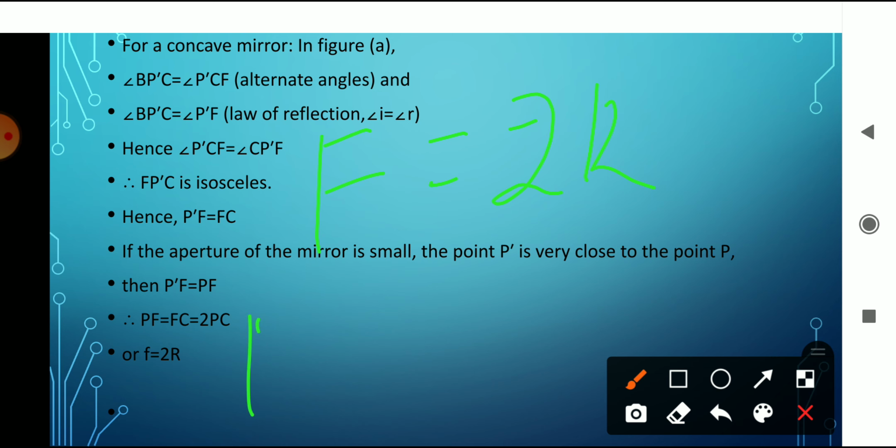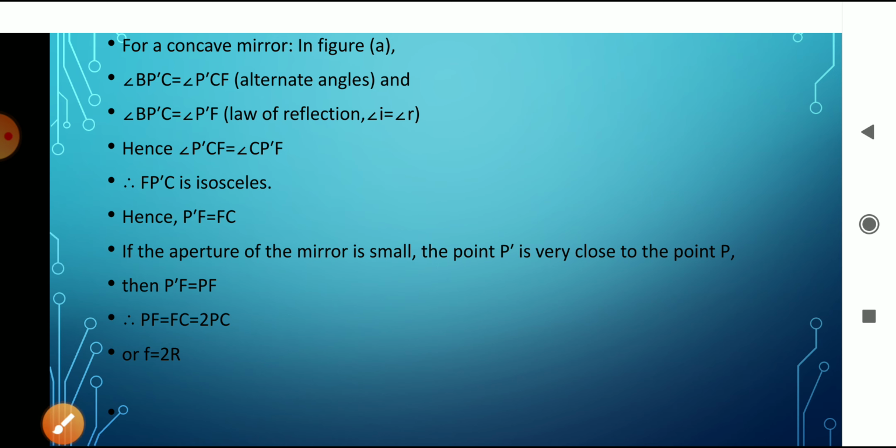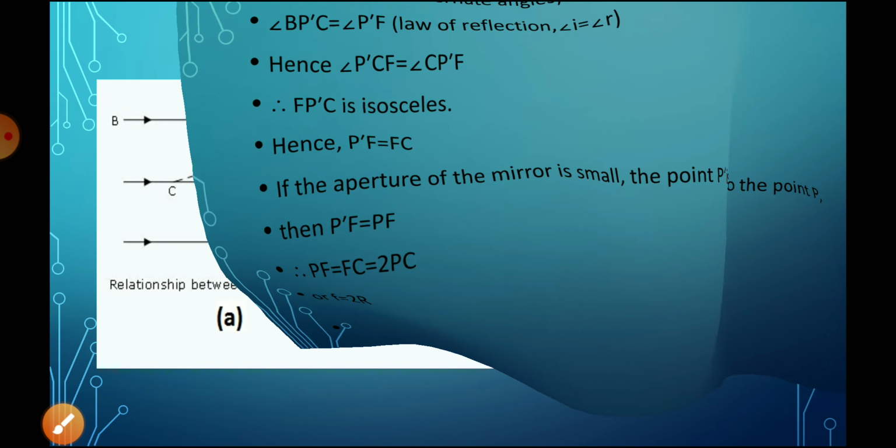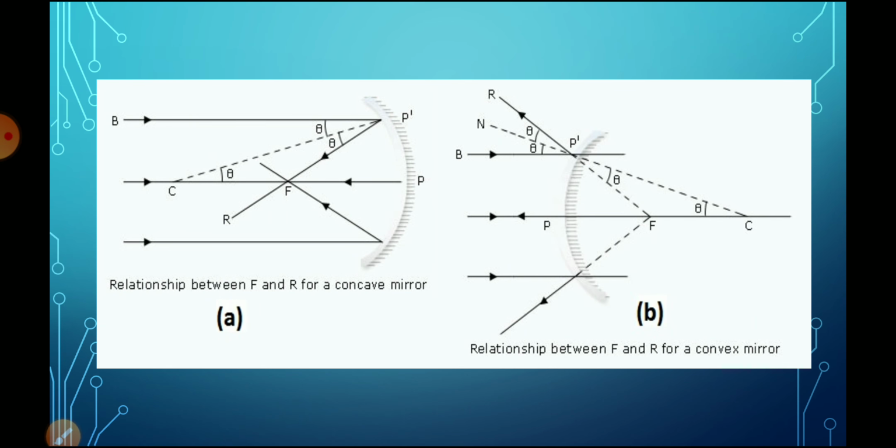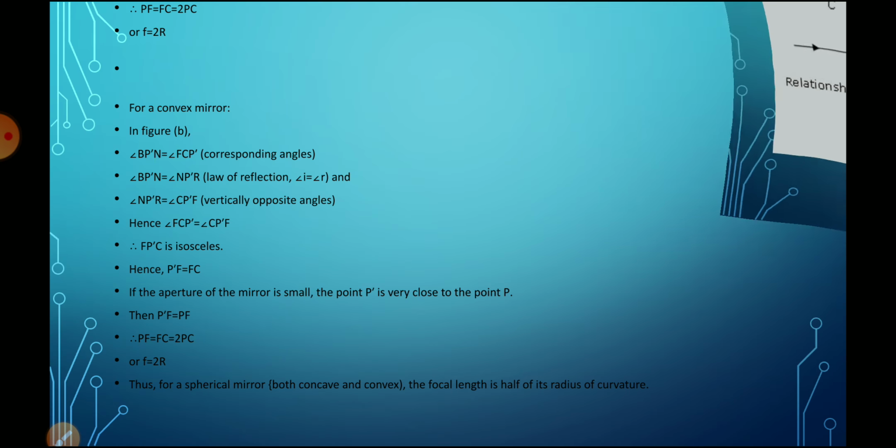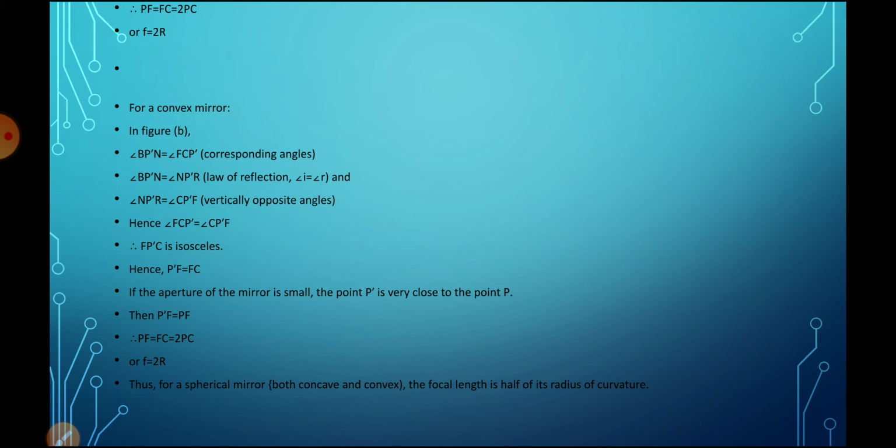Okay, so r is equal to 2f. This is the proof for the convex mirror.